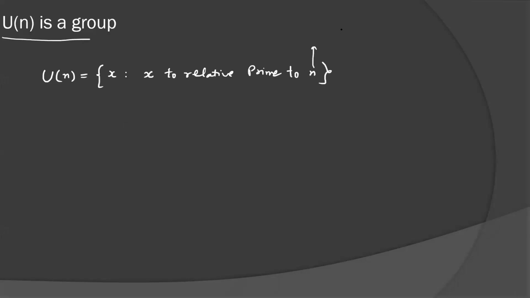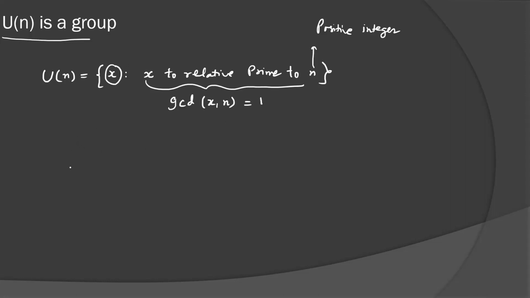Remember here, n is any positive integer. What is the meaning of relative prime? GCD of x and n is 1. So we will collect all the elements which have GCD with n is 1.